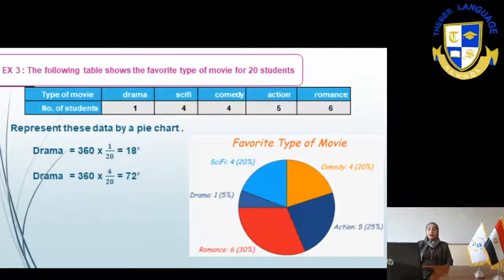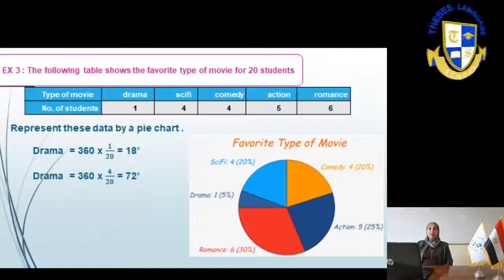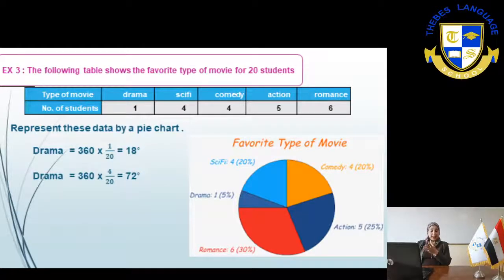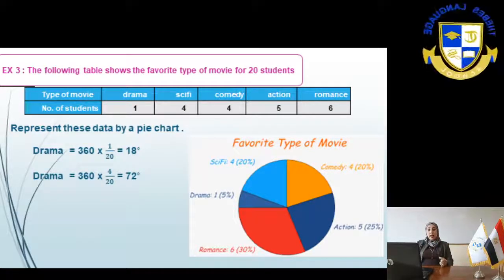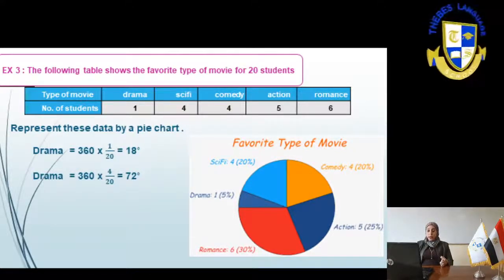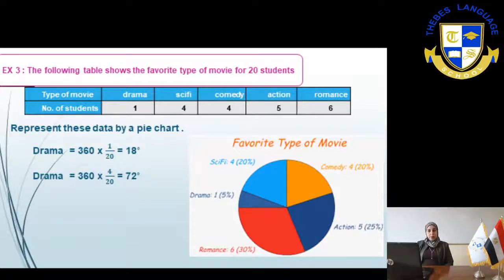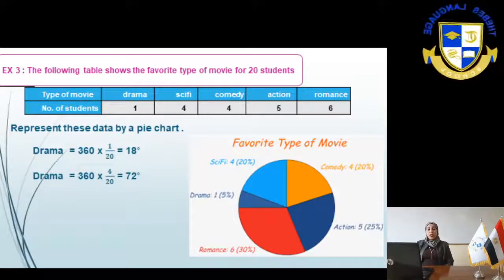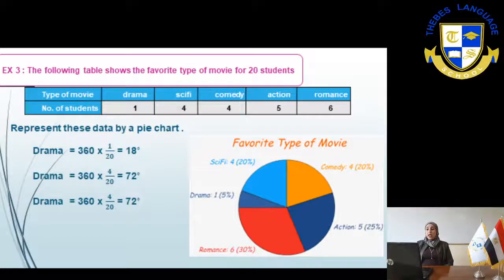Instead of using the percentage, I'll use the fraction which represents this movie. Again, the scientific will be 360 multiplied by 4 over 20, equals 72 degrees. After that, comedy will be 360 multiplied by 4 over 20, equals 72 degrees.